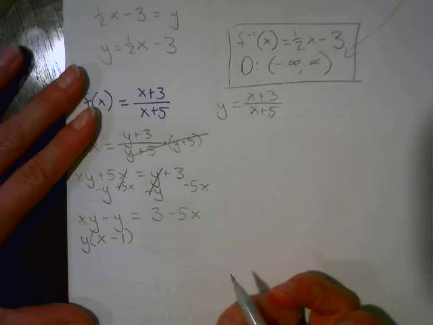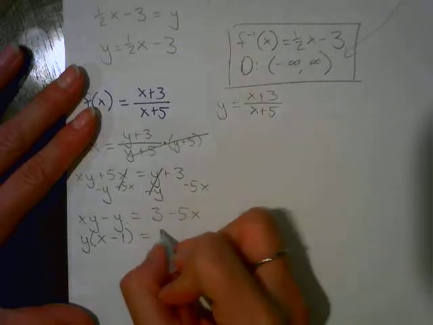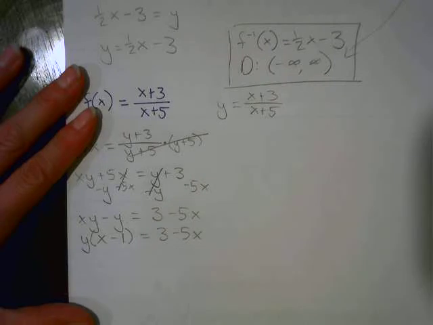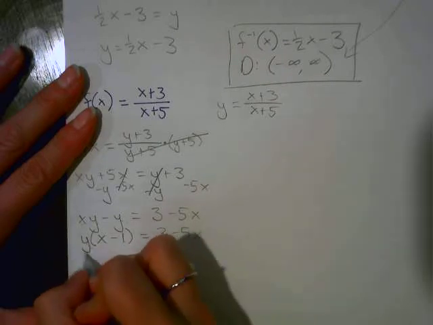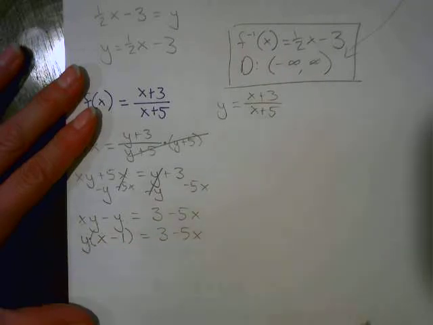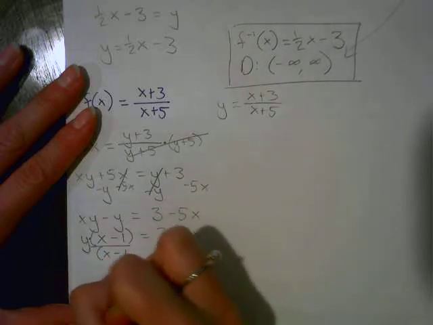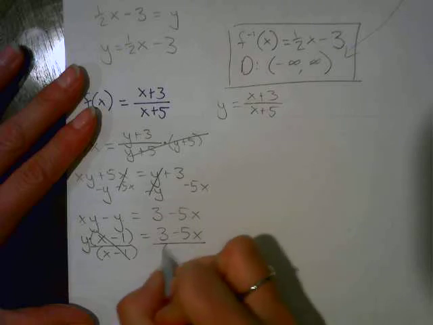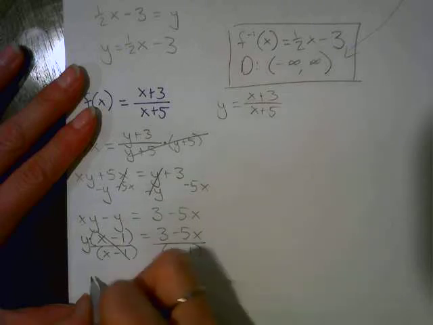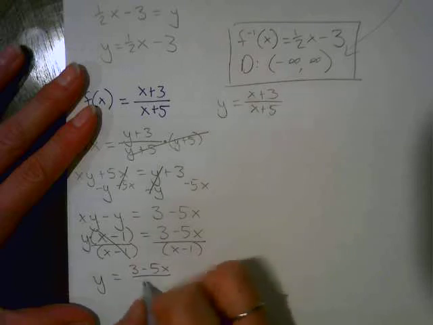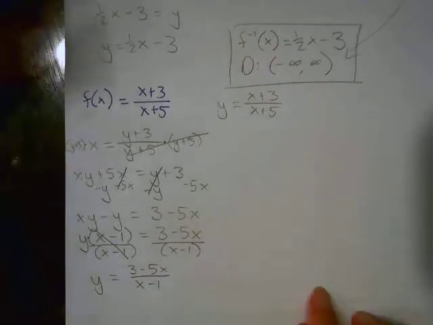This is the same thing, just in a different form, equals 3 minus 5x. Okay, now that I have just this y over here and I want to solve for it, since I'm multiplying times x minus 1, to cancel out that entire factor, I can just divide by x minus 1 on both sides, and I end up with y equals (3 minus 5x) all over (x minus 1).